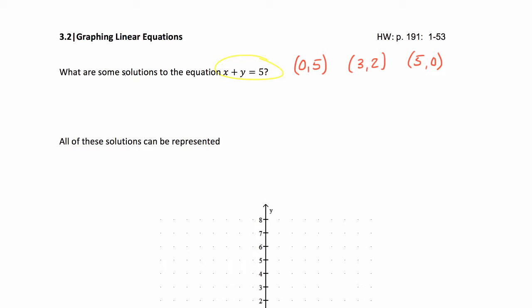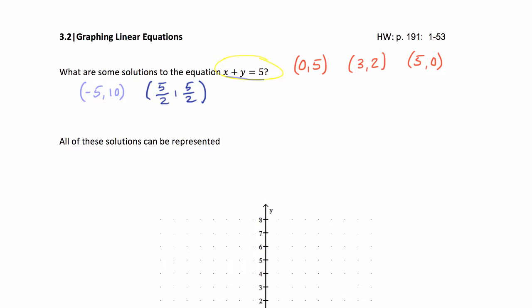Those are just sort of our nice positive integer solutions. But if we start thinking about things that are crazier than that, like I could have negative 5, 10. That satisfies this two variable equation because negative 5 plus positive 10 is positive 5. I could have 5 halves, 5 halves, because 5 halves plus 5 halves is 10 halves, and that's 5.